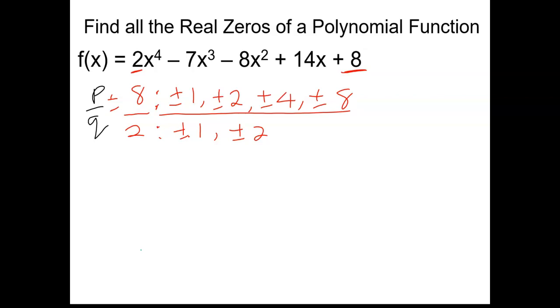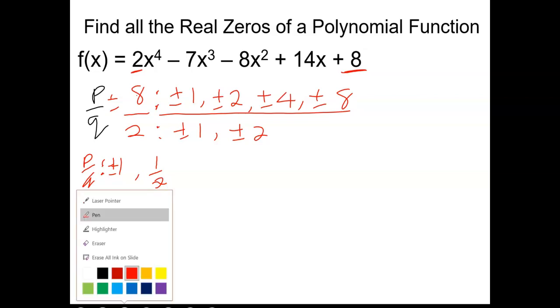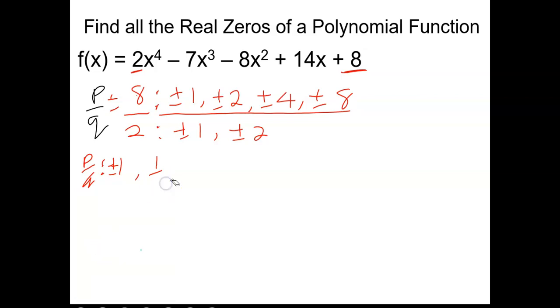So we have 1 over 1, which is 1, and again plus or minus, and then 1 over 2, which is 1/2. Again, they're both positive and negative.